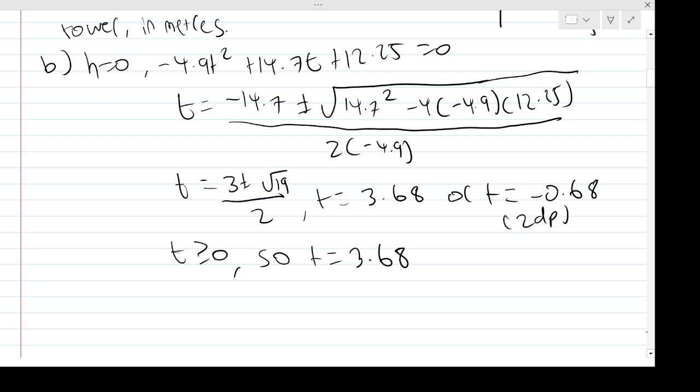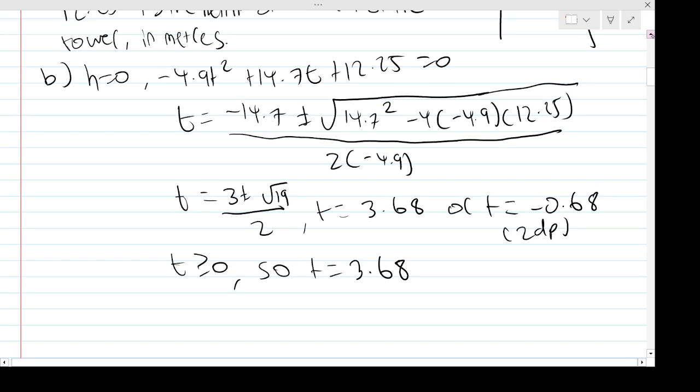And usually, again, that's what you kind of want to do in these sort of questions. You might get multiple answers, but you're going to need to rule one of them out. And usually, it's because time cannot be negative, so therefore we have to reject this solution and only accept this one. So that's our solution, which makes sense for our graph again, doesn't it?